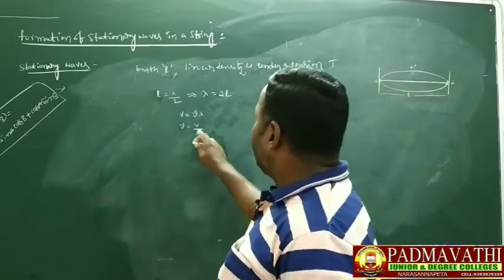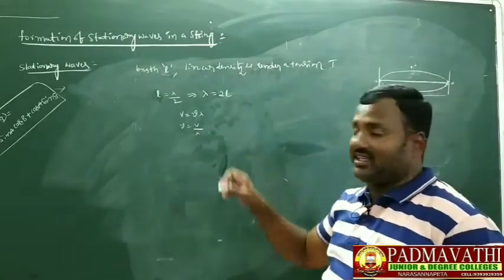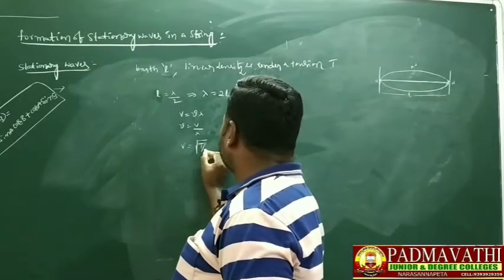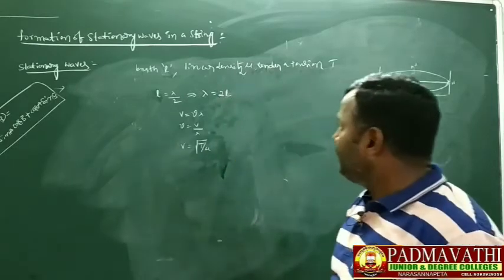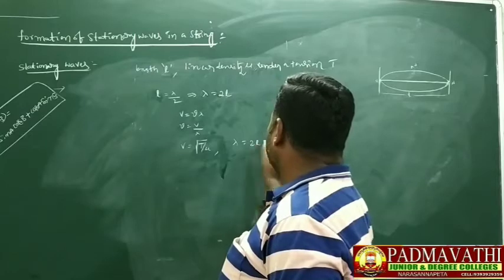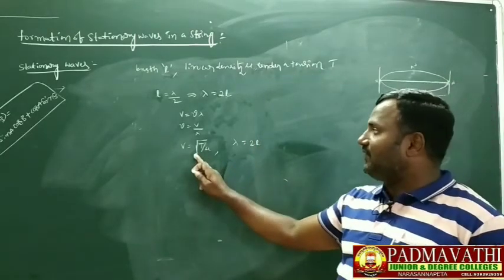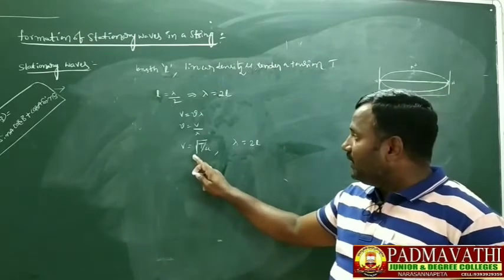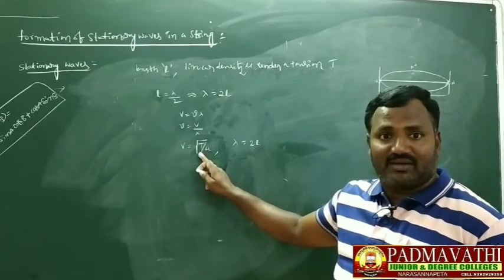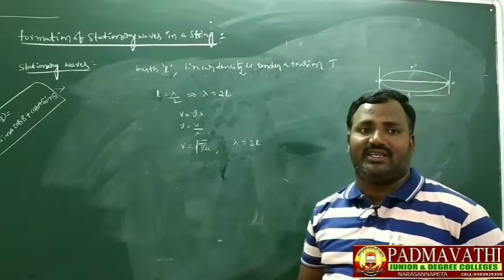According to the wave velocity, already discussed last class, wave velocity V equals root T by mu, and lambda equals 2L. Here T is the tension of the string and mu is the linear density. What is the meaning of linear density?